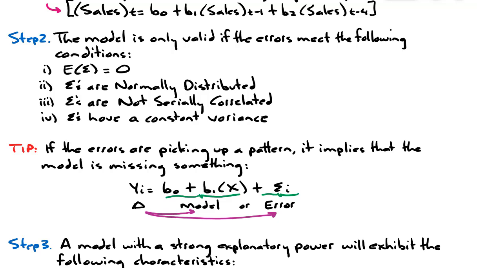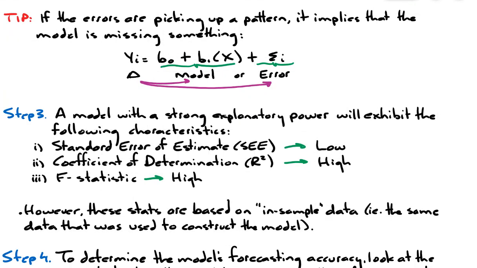But just because a model is correctly specified doesn't mean it has a strong explanatory power, right? That's why we look at step 3. By the time you get to step 3, you're saying, yes, the errors are random, so the model was constructed properly, but now let's see how well this model explains the dependent variable.